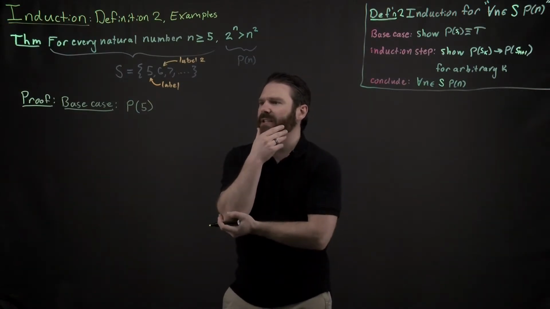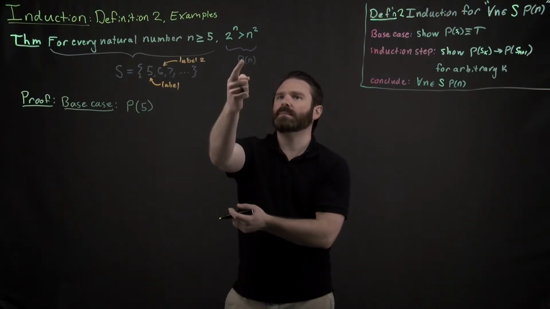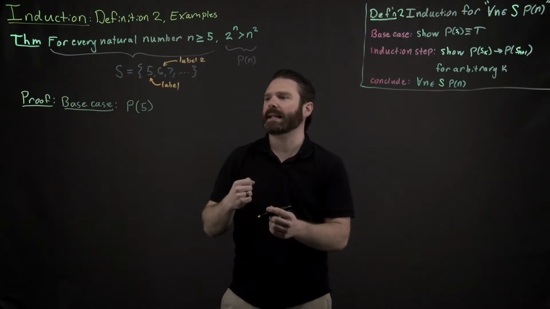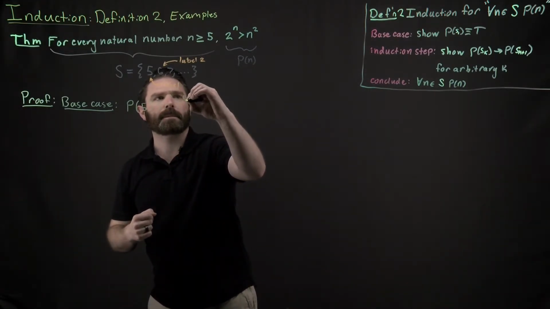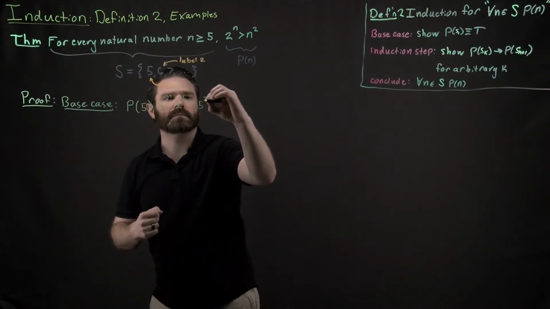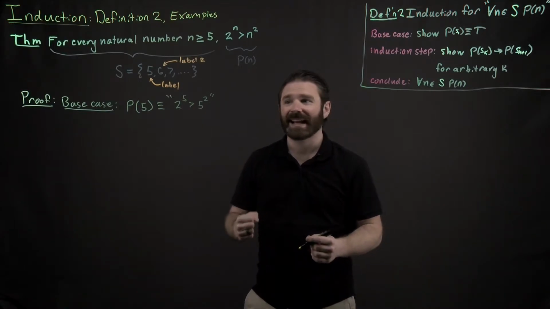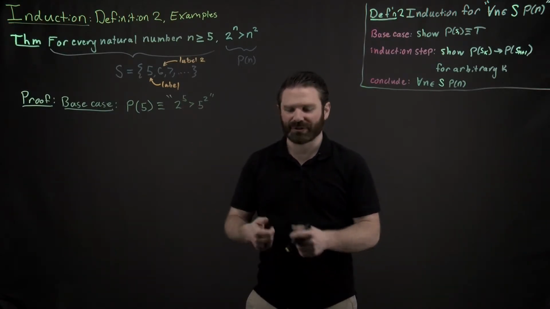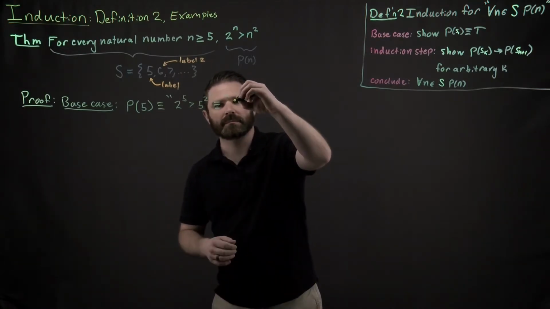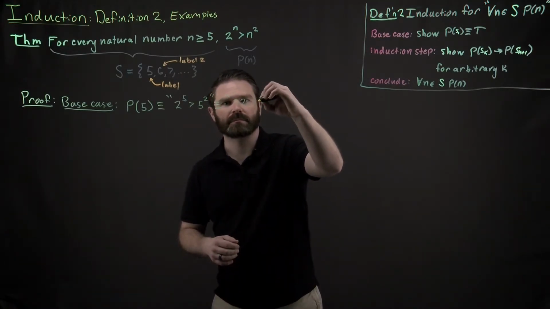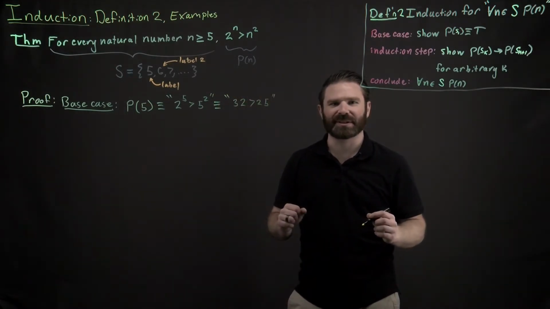Well, what is this actually saying? P of 5. Well, that was my propositional function, so I need to plug in 5 wherever I see an n. So this thing is logically equivalent to the claim that 2 to the 5 is greater than 5 squared. And if we do our calculations, or you check it on a calculator real quick, you can see that this is the claim that 32 is greater than 25.